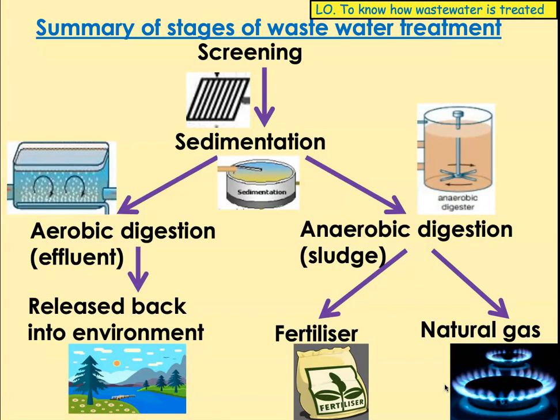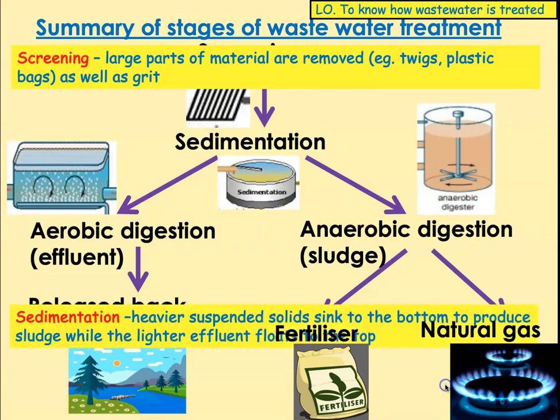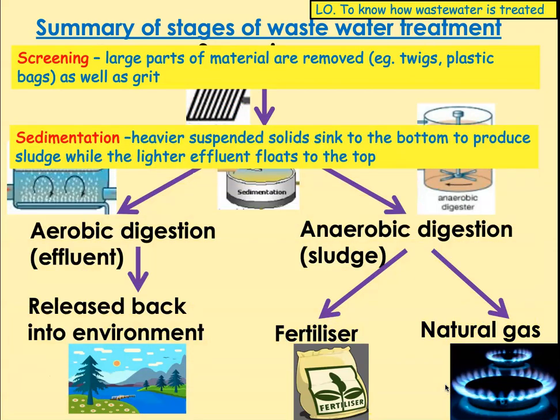Okay, so just to summarise, we've got screening to remove the solids, the sedimentation to remove the smaller solids, and they either sink or they're taken off the top as scum.